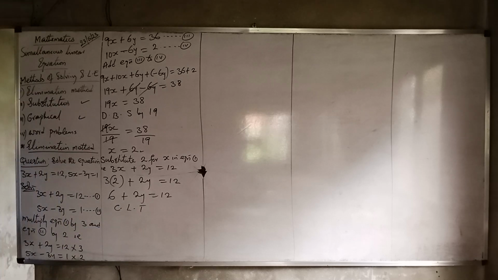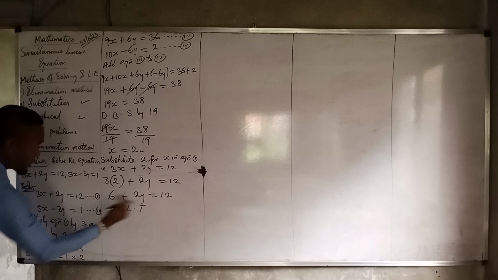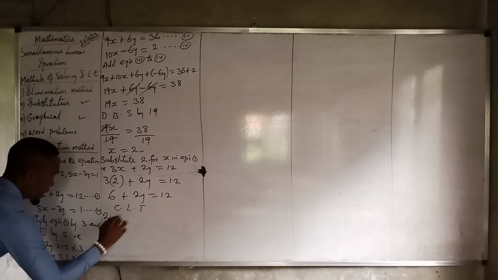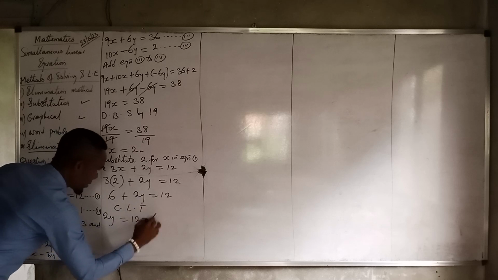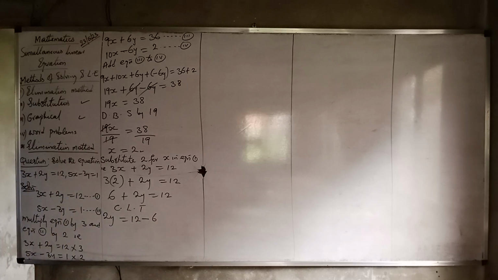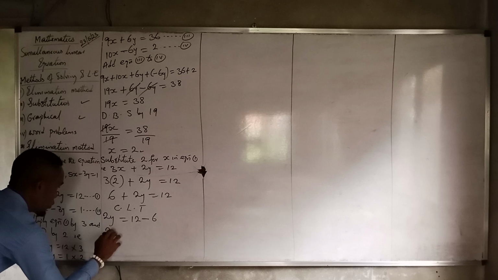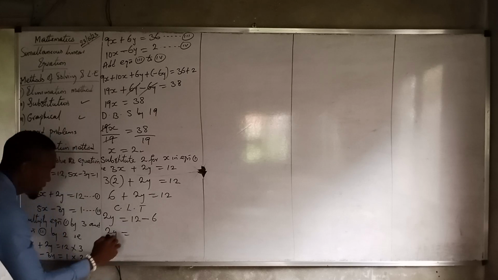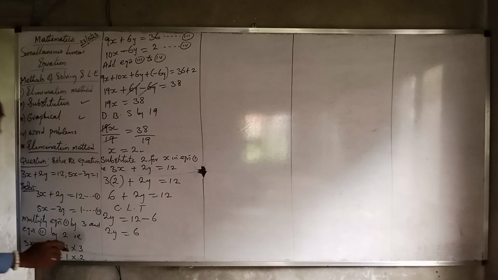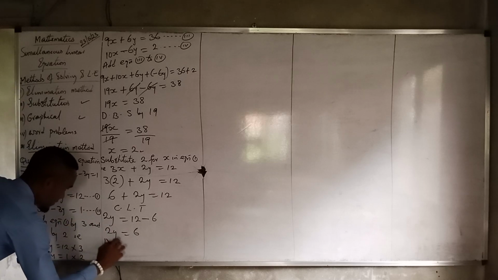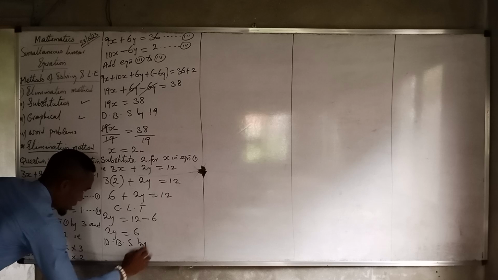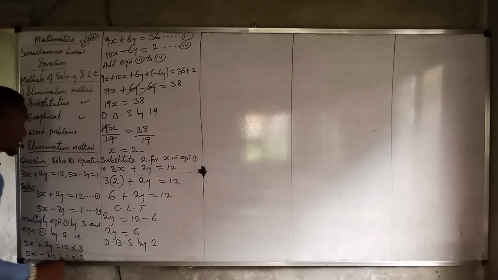To collect like terms, right? So collecting like terms, I'll bring my 2y here. 2y equals 12, right? This 6 crosses and becomes what? Minus 6. Alright? So I have my 2y equals 12 minus 6 is what? 6. What should I do here? Divide both sides by 2. Alright?